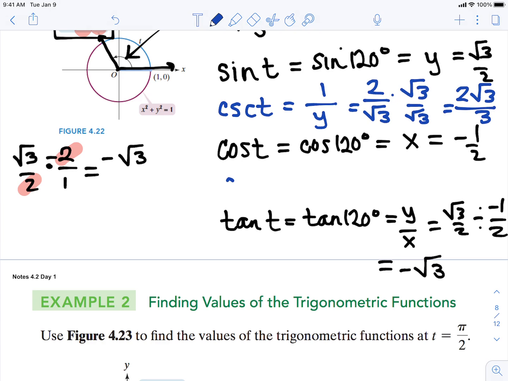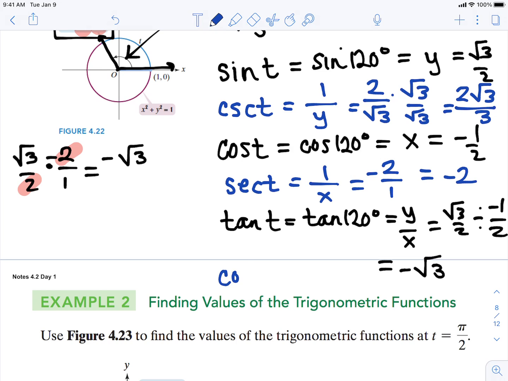All right, the next inverse function, so the inverse of the cosine is the secant. So we're going to go 1 over x. So we're going to reciprocate that x value, which gives us -2.